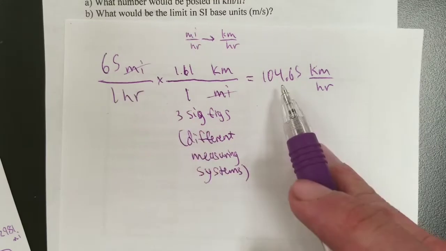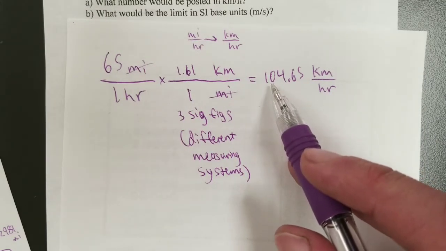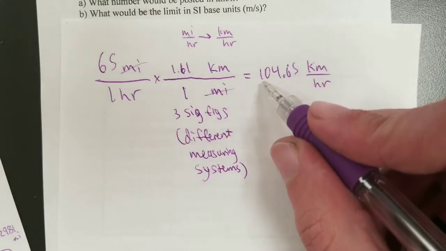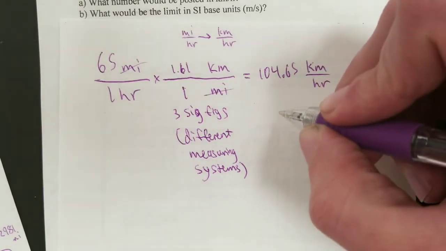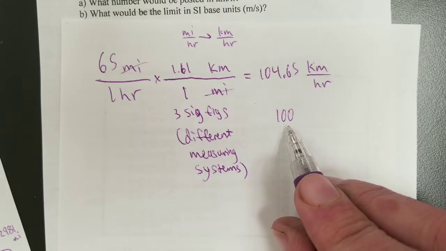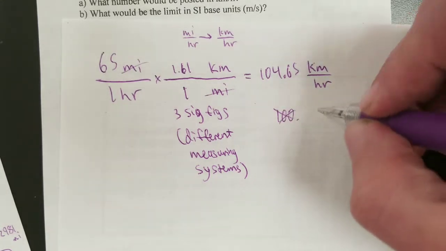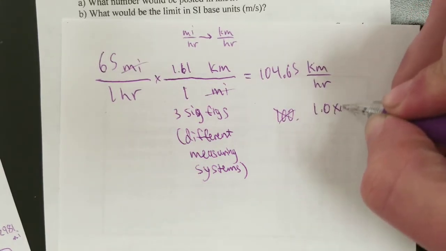Because of that, this needs to be 2 sig figs, which means you need to round right here, after the second sig fig. So 100, except 100 is 1 sig fig.